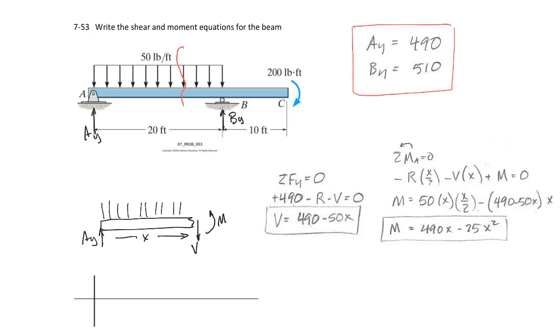Distance x here is where we're trying to get these things as a function of x. In the middle of that distributed force, we have a resultant. And with distributed forces, we know that the resultant is equal to BH, and x is the base, and h is 50, so that would be equal to 50x. And it acts at a distance of x over 2.